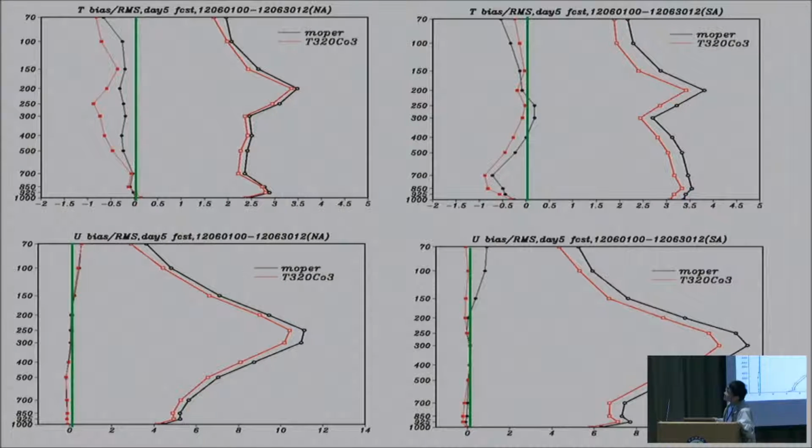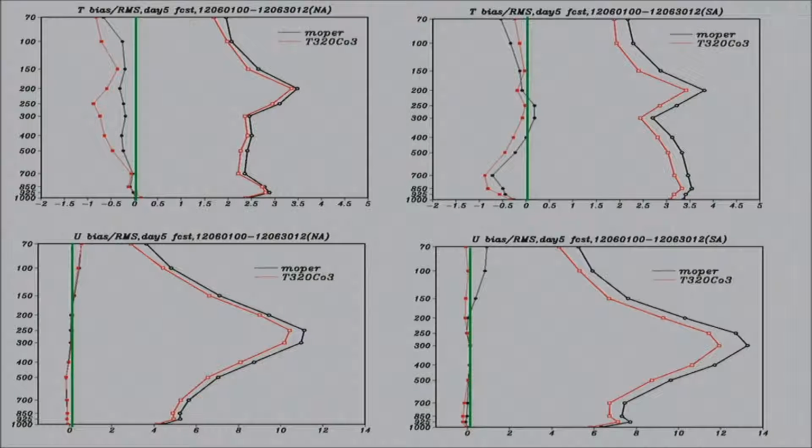If we look at the temperature mean bias, you can see L60 has a cold bias larger than L40. But for the root mean square error, L60 is better than L40.